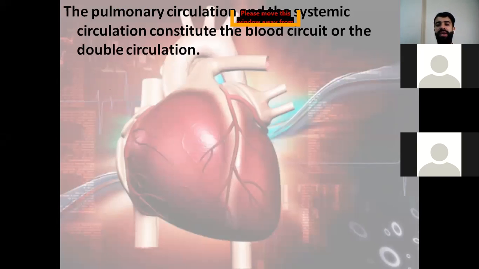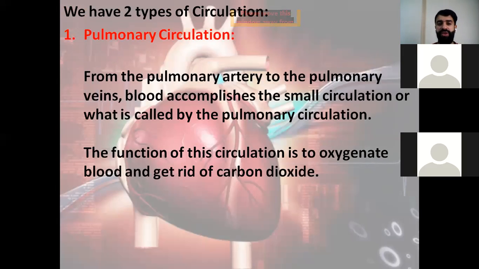The pulmonary circulation and the systemic circulation form what is known as the blood circuit or the double circulation. Why is it double? Because it's pulmonary circulation and systemic. So I'm going to explain this again. Pulmonary is from the pulmonary artery to the pulmonary vein. The blood accomplishes the small circulation. The function of this circulation is to oxygenate the blood and to get rid of carbon dioxide.